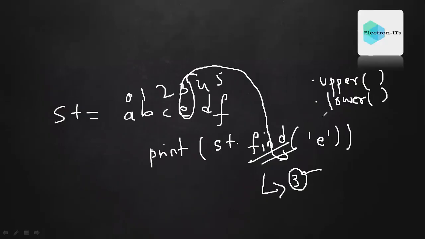Then we can use the dot replace command to replace something inside your string. And there are many inbuilt functions. So we'll discuss all these functions in detail when we talk about strings. A separate lecture or session will be conducted on strings.